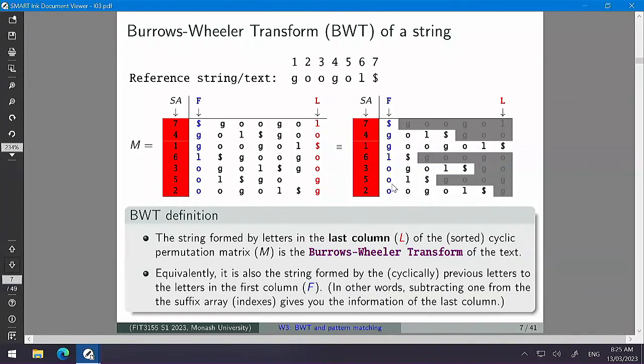Can you see that what's in gray is basically a cyclic permutation of the reference text? Every line there is a cyclic permutation where the prefix part ending at the $ is your regular suffix of the string.